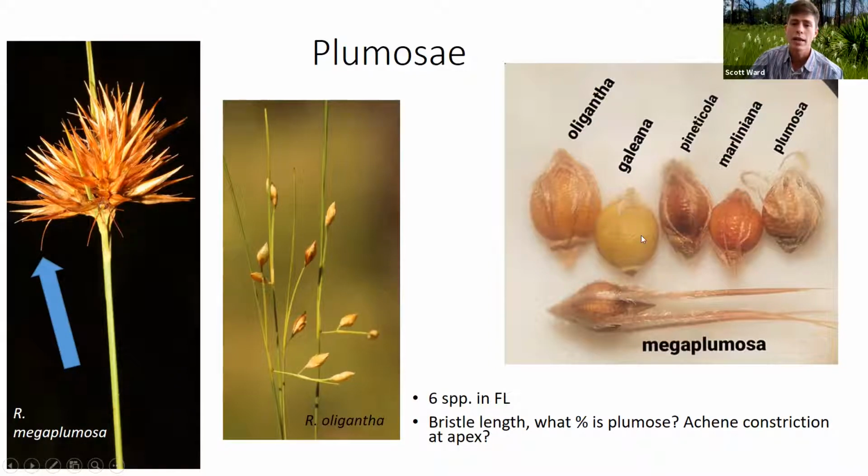And then the bristle length in galliana in particular is quite short compared to other species. So achene constrictions, even tubercle length and achene length can be really important, like when you're separating pineticola, also called intermedia, from Rhynchospora plumosa. But otherwise, these can be quite tiny in certain habitats, and so you might even miss them in certain cases if you're not looking carefully.